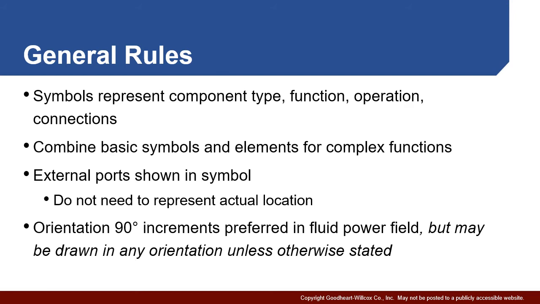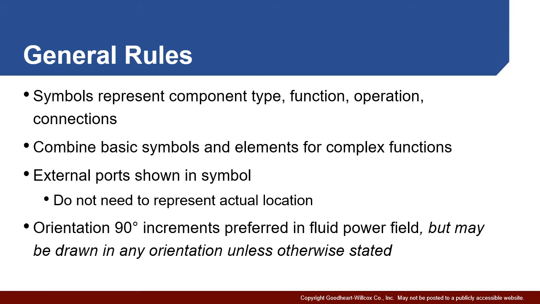In terms of the symbols themselves, they can be rotated to fit in a diagram better or to indicate function better. But in general, we're limited to 90-degree increments, so they're vertically, horizontally, etc. In certain situations, however, you can use other orientations.